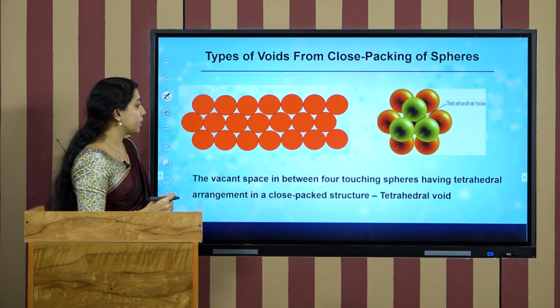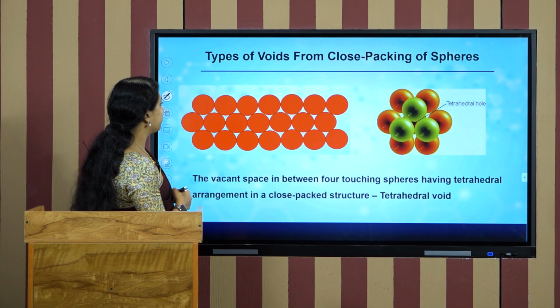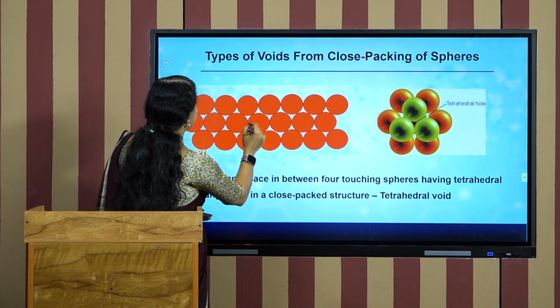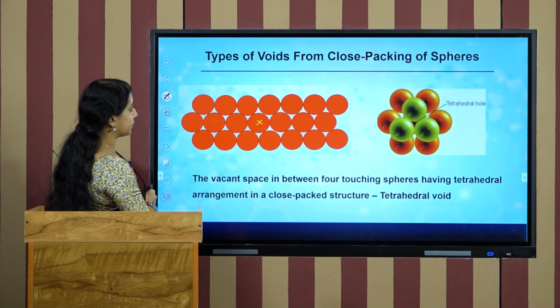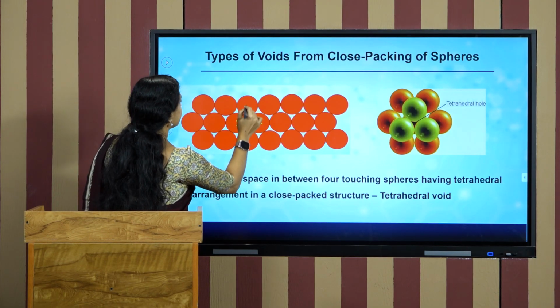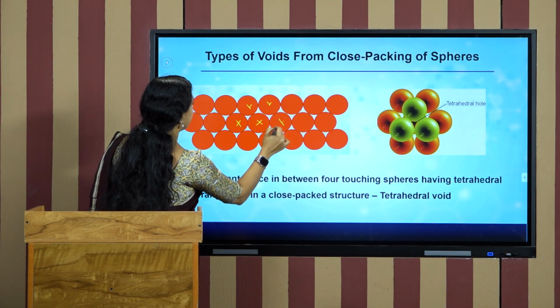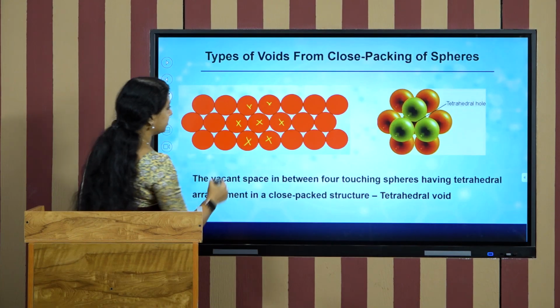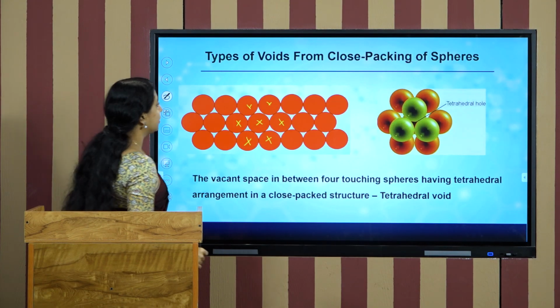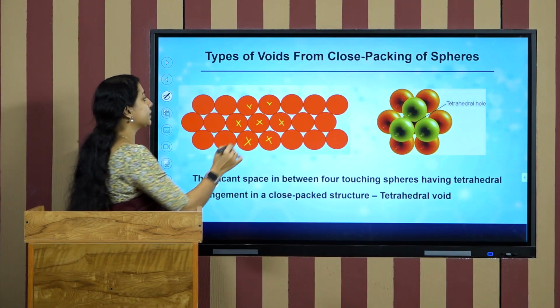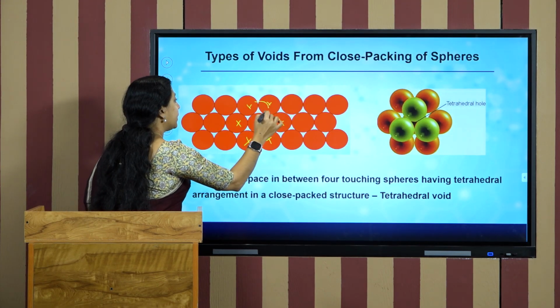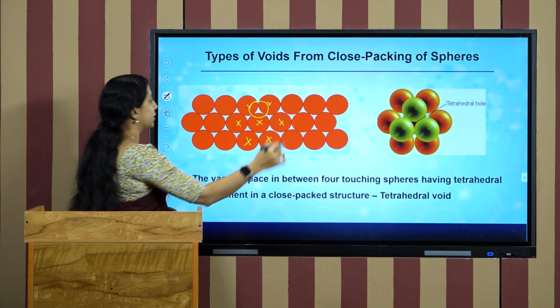Now, consider a sphere in the middle, with 6 other spheres surrounding it. Suppose we place another sphere on the depression of the first layer.